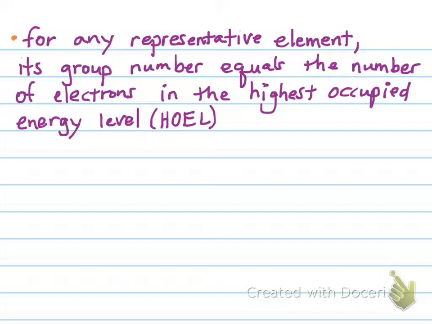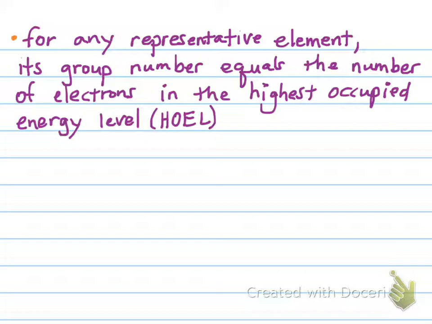a covalent bond. Okay, so Group 1A has 1 electron in its highest occupied energy level. Group 2A has 2 electrons in its highest occupied energy level. Group 3A has 3 electrons in its highest occupied energy level. Group 4A has 4 electrons in its highest occupied energy level.